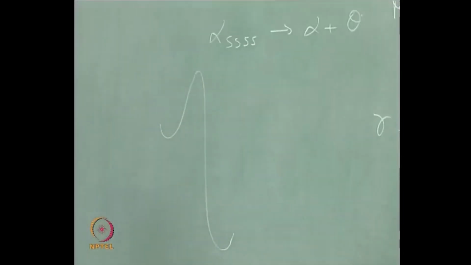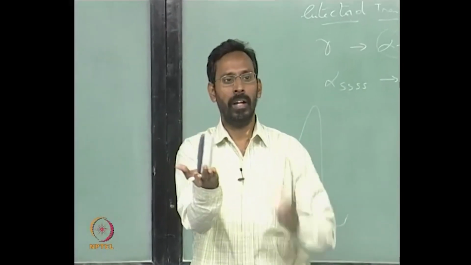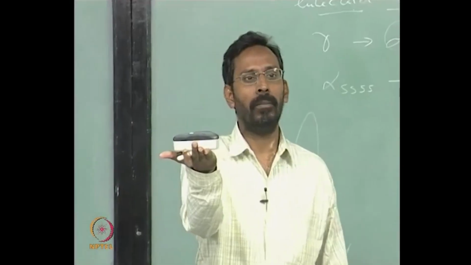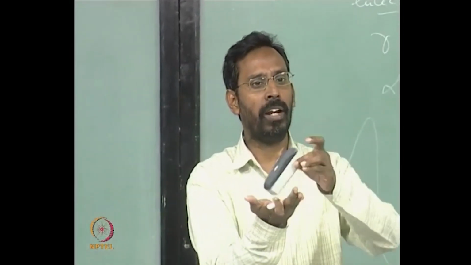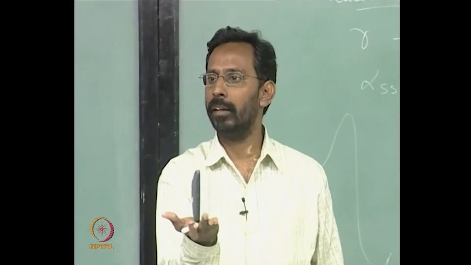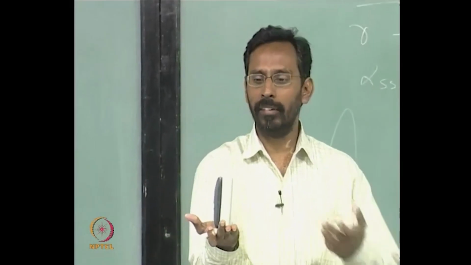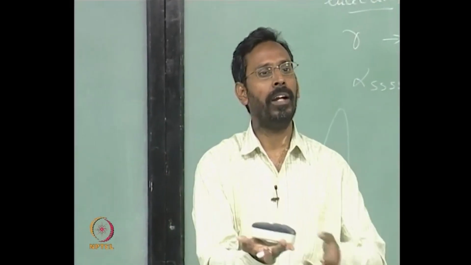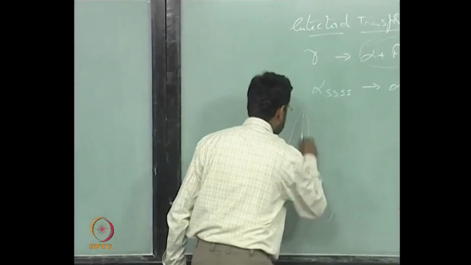If you take a duster like this, it is in a metastable state. If I keep it like this, it is in a stable state. But from this metastable state to come to the stable state, I need to push it. If I do not push it, it remains like that forever. So as long as an activation is provided, it does not come back to the stable state, and that activation is this.